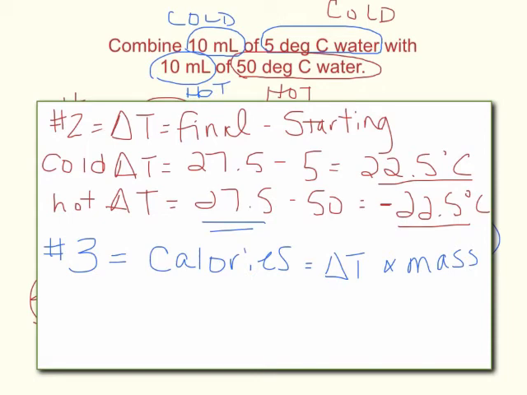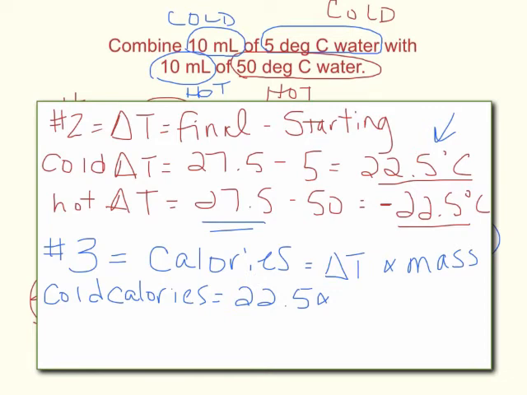Now again, you have to do this twice. You have to do this once for the hot and once for the cold. So let's take a look and figure out the calories for the cold. So cold calories is going to be our change in temp for the cold, which was right up here. So I'm going to put 22.5 into my equation, and I'm going to multiply that by the mass, or how much I had.